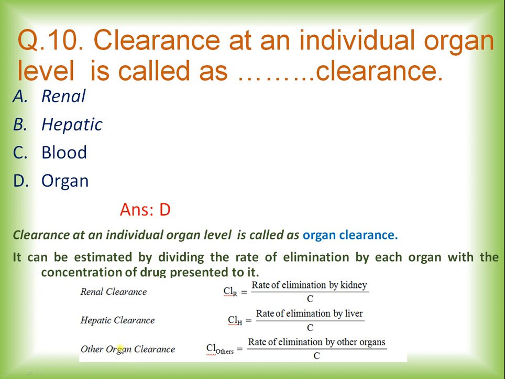And in the same way, for other organ clearance, the rate of elimination by other organs divided by the concentration of drug presented to it. So remember this formula: whenever you want to calculate the individual organ clearance, it is calculated by the rate of elimination of that individual organ divided by the concentration of drug presented to it.